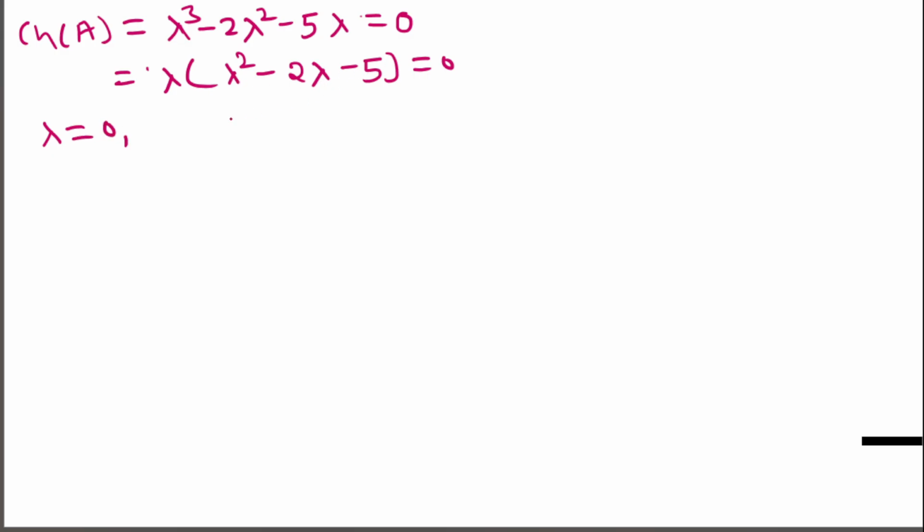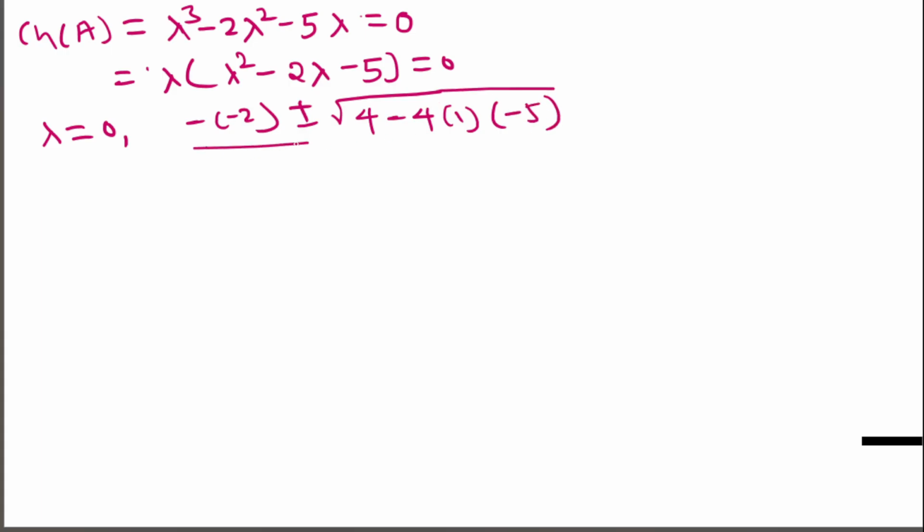For this we have to use the root formula of the quadratic equation: minus b, that is minus of minus 2, plus or minus square root of b square, that is minus 2 square, that is 4, minus 4ac, that is 4 into 1 into minus 5, whole divided by 2a, that is 2 into 1.